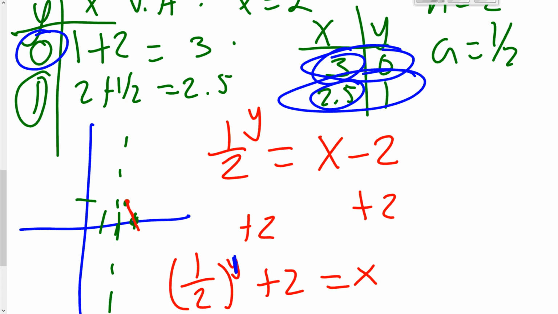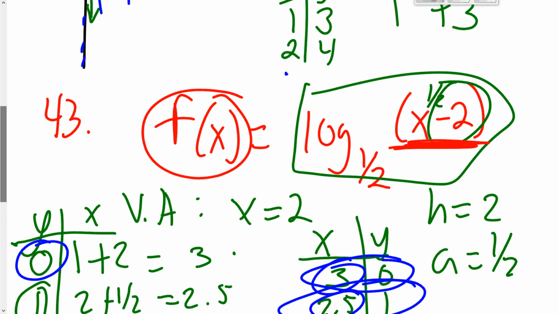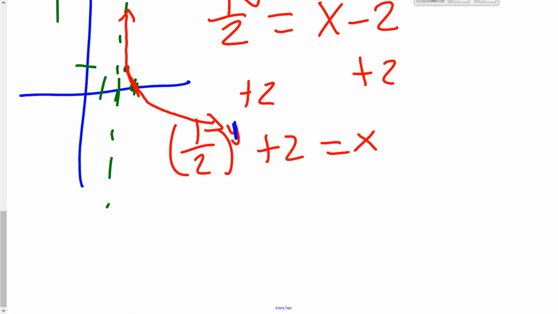So it's going to continue to go down. It's not going to flatten out. And then this way it's got to approach that vertical asymptote. Right? When you have a fraction as your a, it's going to flip that standard logarithm that looks like this. It's going to flip it about the x-axis, so then it's going to turn like this. Right? Okay, so those are those two.